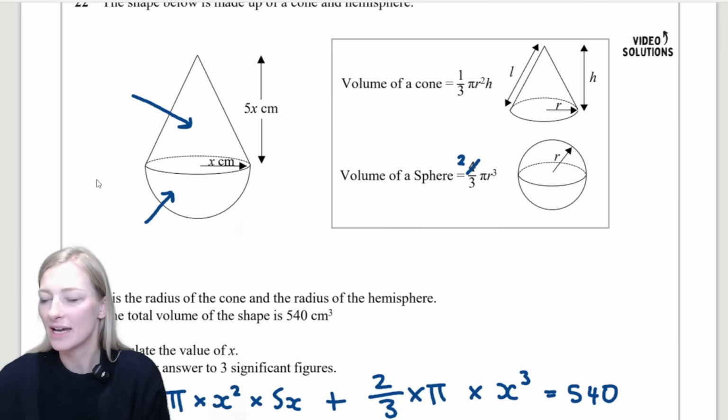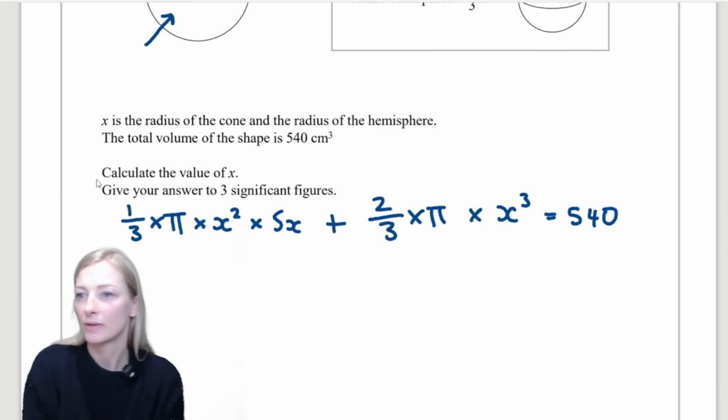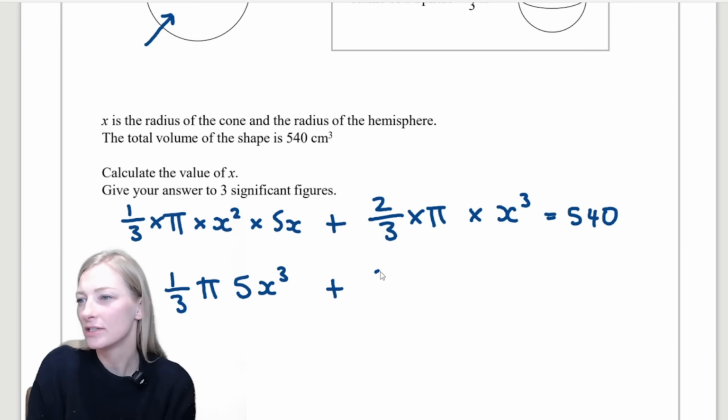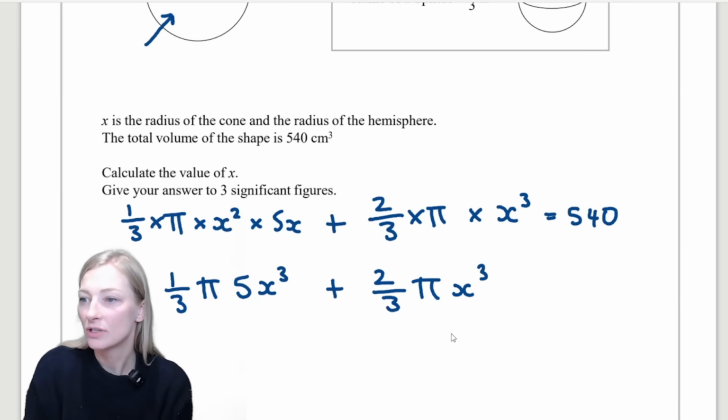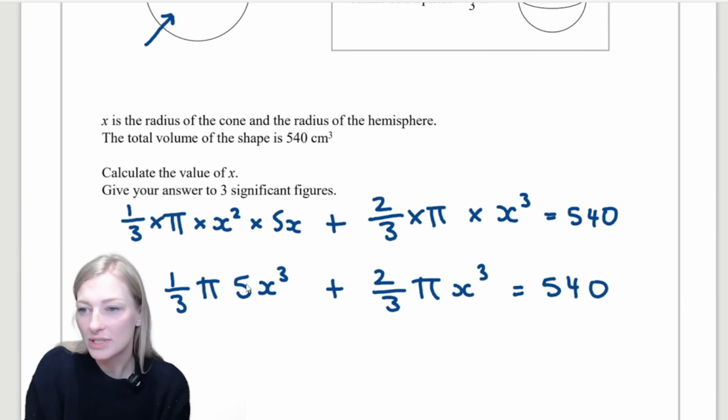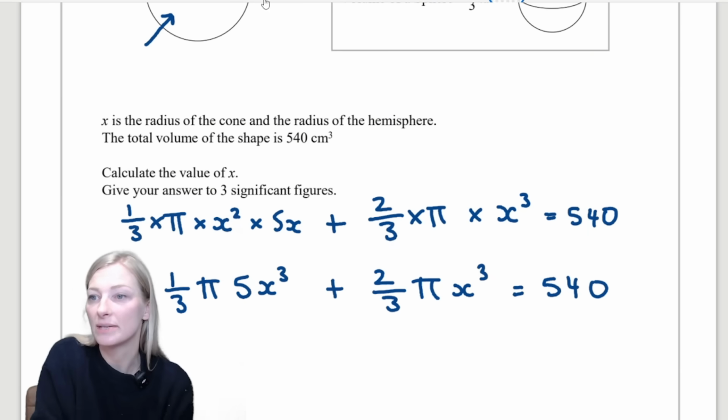Great, simplifying that down a bit then, I've got a third pi 5x cubed, add 2/3 pi x cubed, which altogether equals 540. Now we can also say that that's just 5/3 pi, so actually let me sort that out.